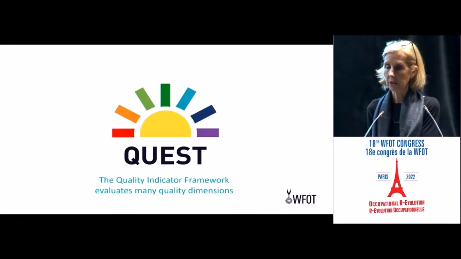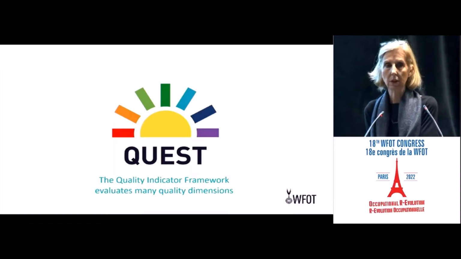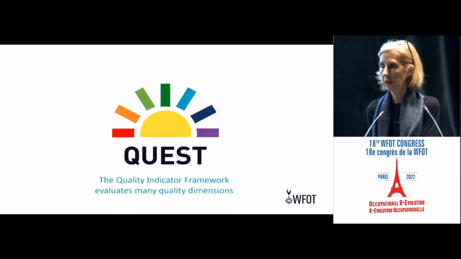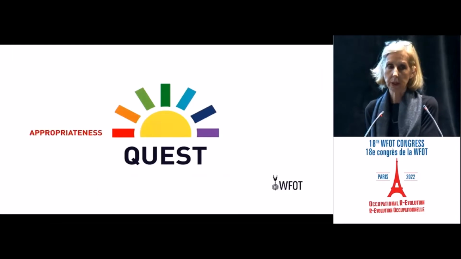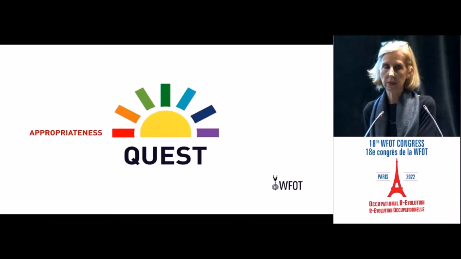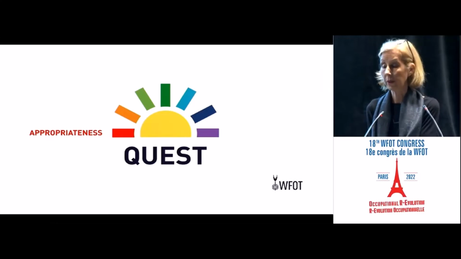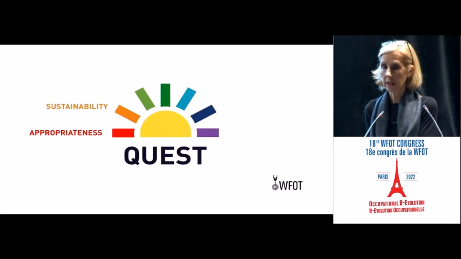So first I'll talk about the dimensions of quality that we look at for using Quest. Appropriateness, which is really looking at if the right services are provided in the right place by the right person to the right person.